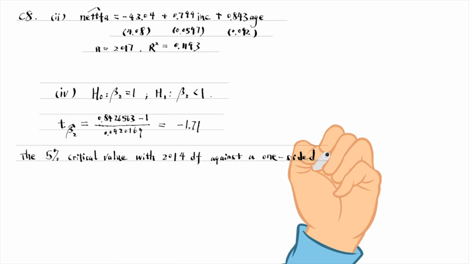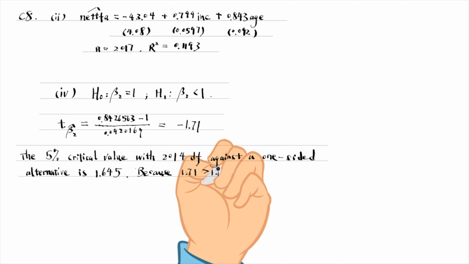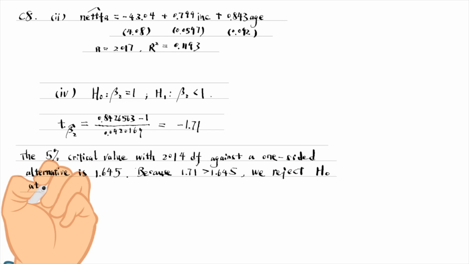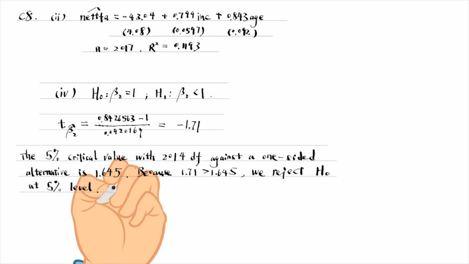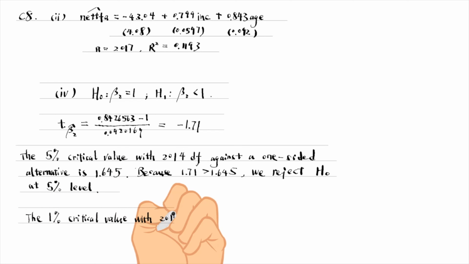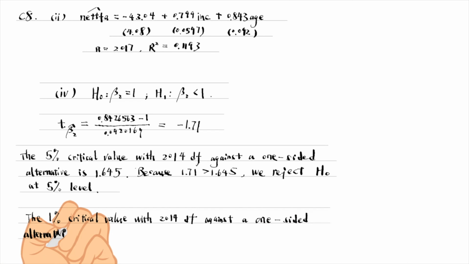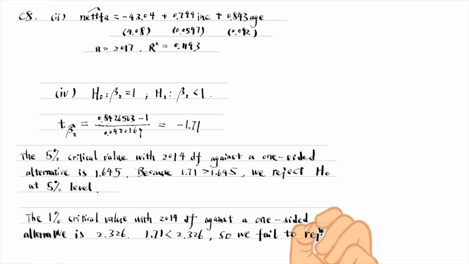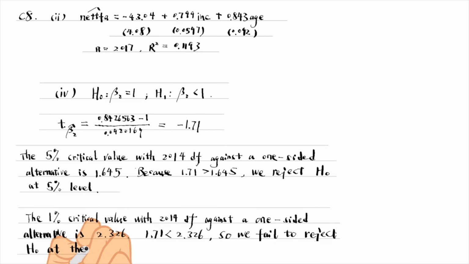The 5% critical value against a one-sided alternative with 2014 degrees of freedom is 1.645. Because the absolute value of the t statistic is above the critical value, we reject the null hypothesis at the 5% level. The 1% critical value against a one-sided alternative with 2014 degrees of freedom is 2.326.